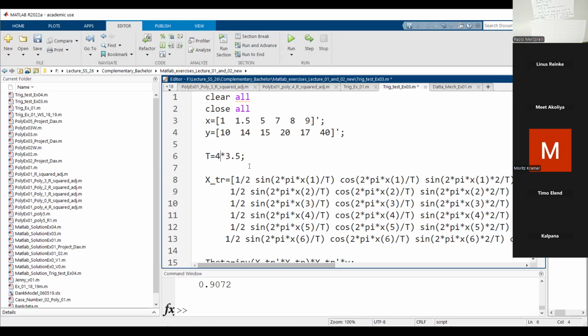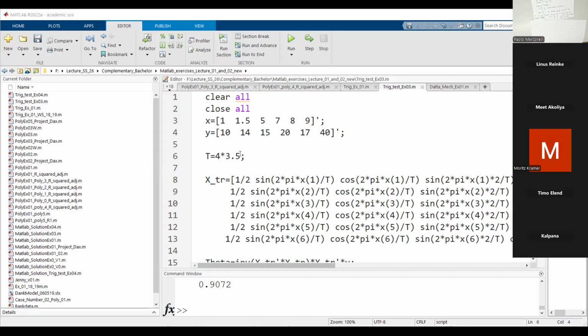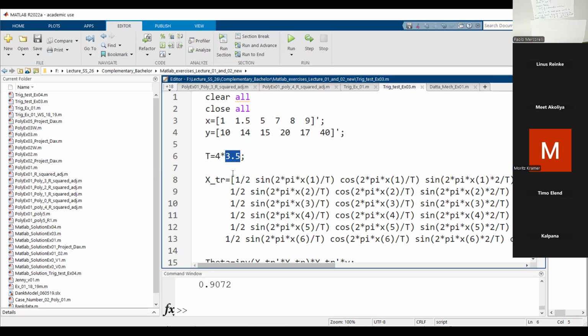But let me show you, and then we will conclude. Let me show you what I intend exactly. I hope that I calculated well. 3.5 plus 1.5 is 5. And this means it's okay. Why 4? Because this is the maximal Ts, the maximal distance.